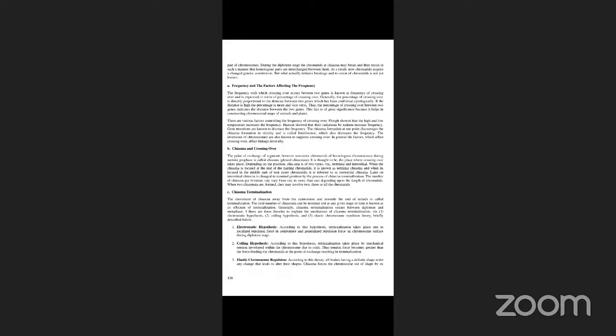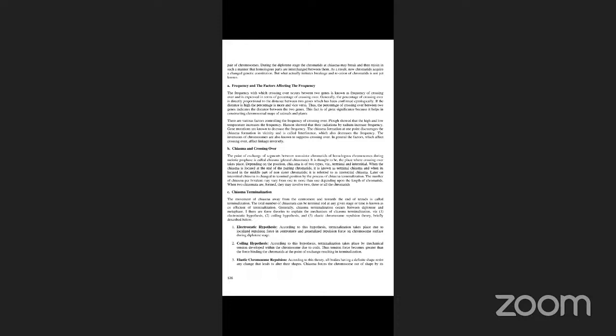Then the coiling hypothesis. According to this hypothesis, terminalization takes place by mechanical tension developed in the chromosome due to coiling. And this tension force becomes greater than the force binding the chromatins. Therefore, the terminalization takes place. And the other one is elastic chromosome repulsion.